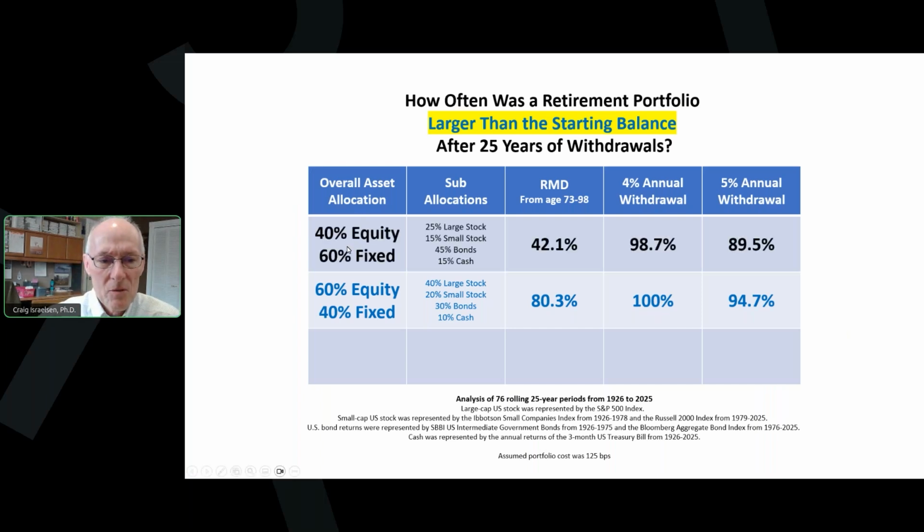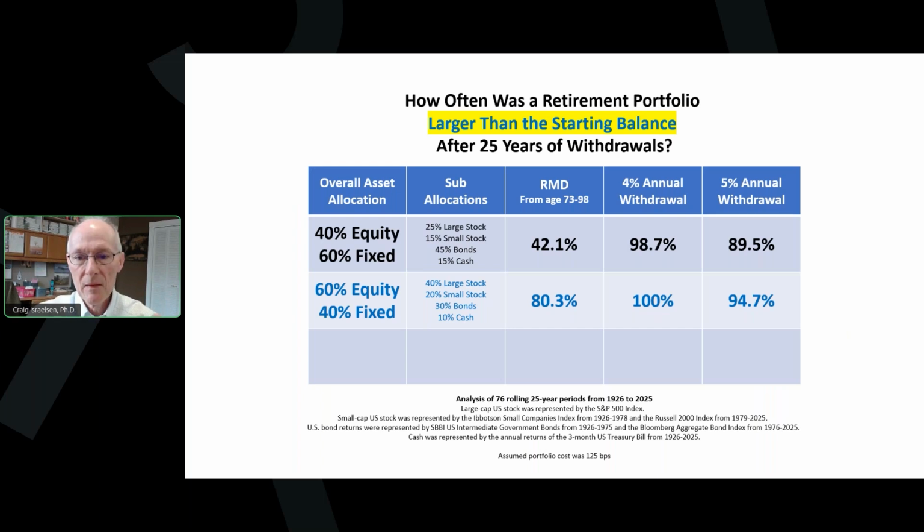What about a portfolio that's a bit more conservative? So it's 40% equity, 60% fixed income. And here's the actual sub-allocations right here that you can see. Well, this is interesting because the difference now between a 60-40 and a 40-60 is pronounced if the RMD is the driver of how money is being withdrawn. Our success rate of growing the portfolio is basically cut in half.